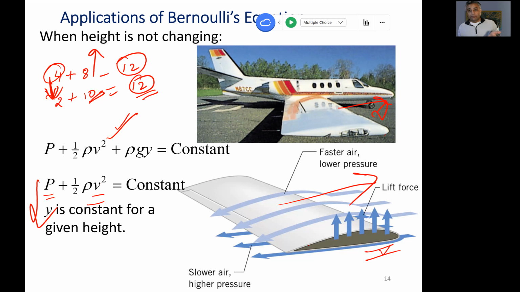So the larger the plane, the larger the lift force needed. So that's why they have big wings, meaning larger area. And for a larger plane, you need a longer runway as well so that it can speed up fast enough to gather a larger pressure difference, okay? So that's the application.